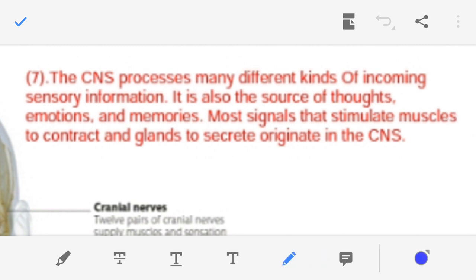Then the CNS is also the source of thought, our thought process, our thinking process. Our thoughts, our feelings, our emotions, whether we are sad, happy or tense, all these are controlled by the CNS. Then our memories.